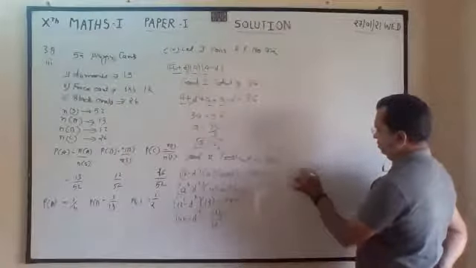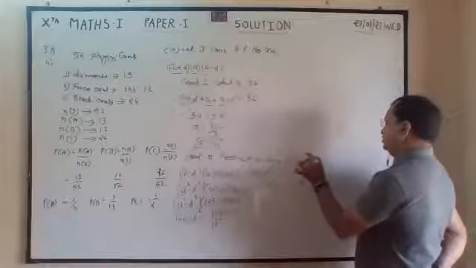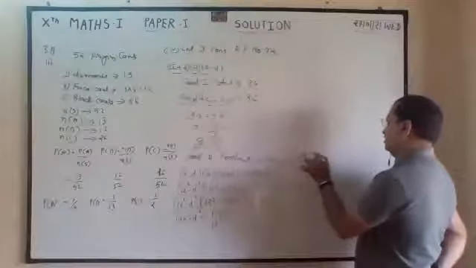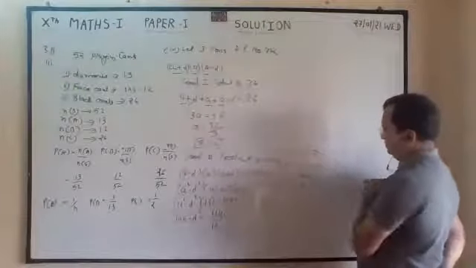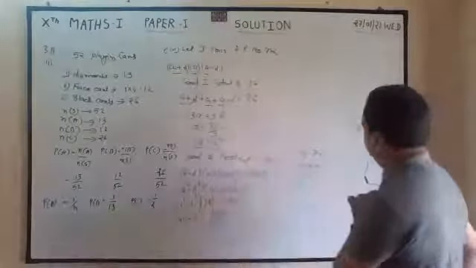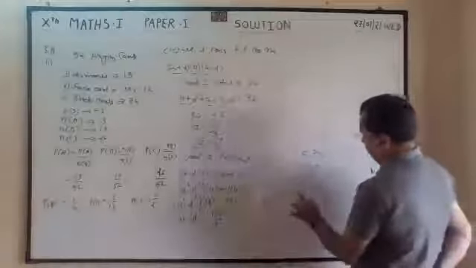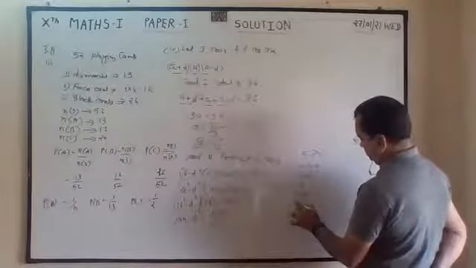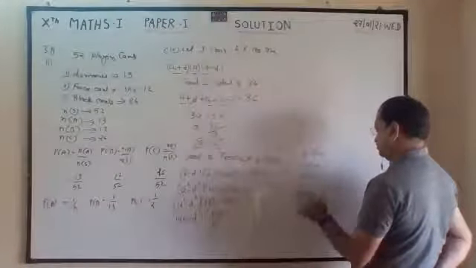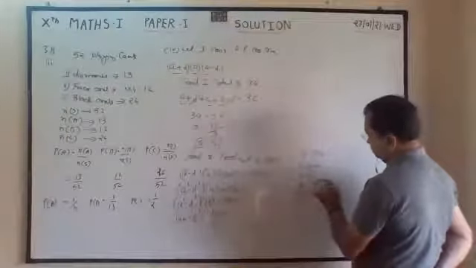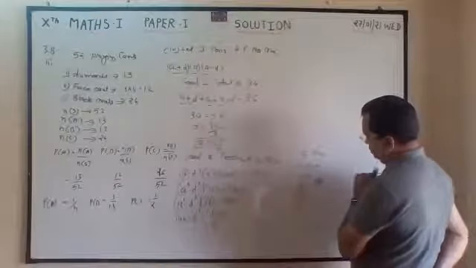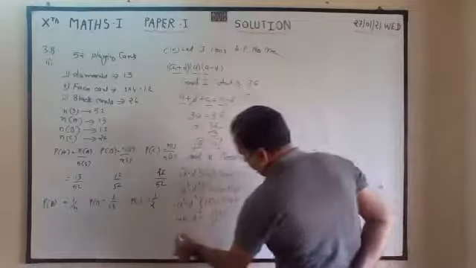Make it half first. That will be more easy. 1000, so 500, 100, 70, 1570. So 1570 divided by 6. So this is 95.